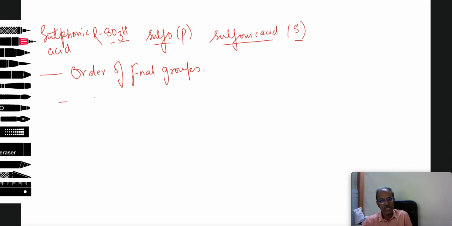The electron withdrawing part comes first, and then as we go down the order. I'll give you an example. Suppose this is COOH, which is carboxylic acid. This is preferred, more electronegative. You can say SO3H. Fine. Then comes anhydride.